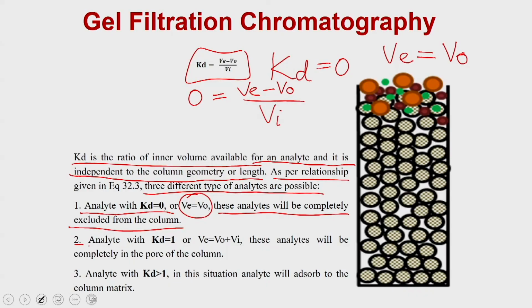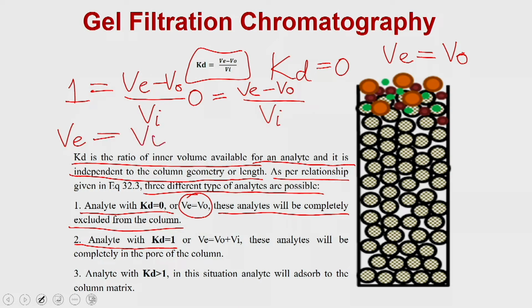Now, you can imagine that you have an analyte which has Kd equal to 1. So, if the Kd is 1, then it is (VE minus VO) divided by Vi, and so VE is equivalent to Vo plus Vi, which means these analytes will be completely in the pore of the beads.